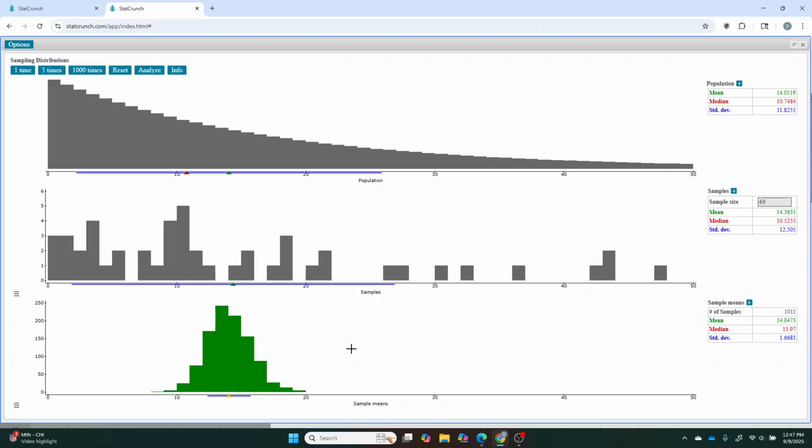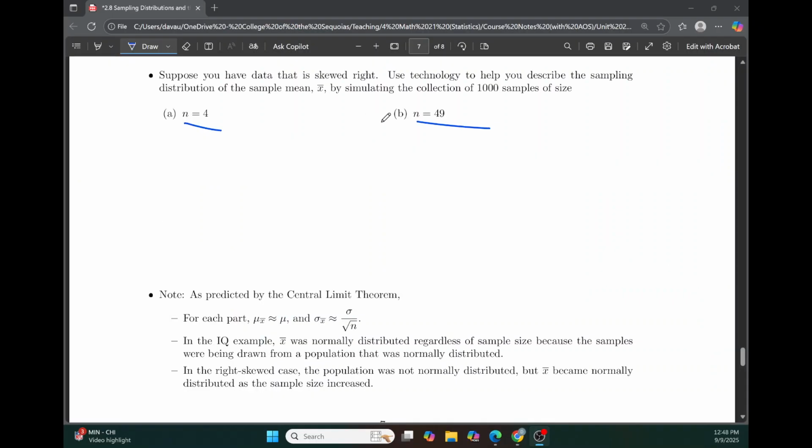So anyway, I think that kind of verifies the central limit theorem for the sample mean x bar, right? For each part, mu sub x bar is about the same thing as mu, sigma sub x bar is about sigma divided by the square root of n.